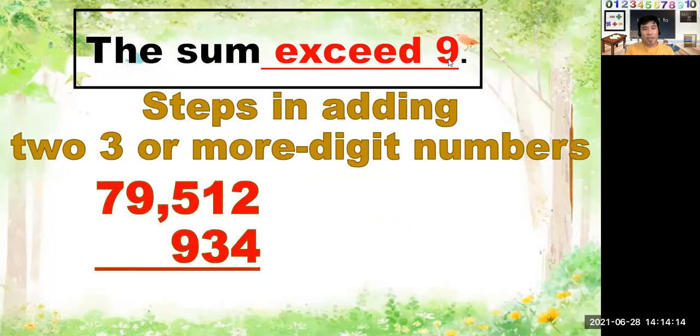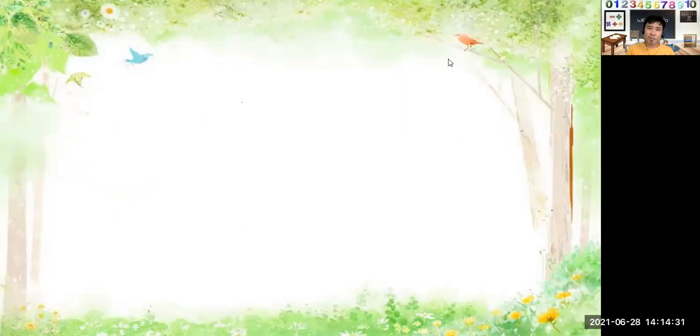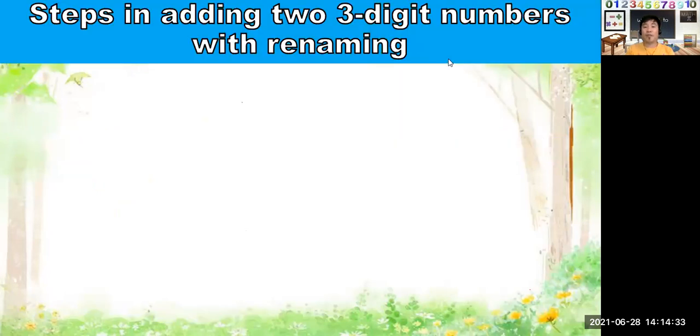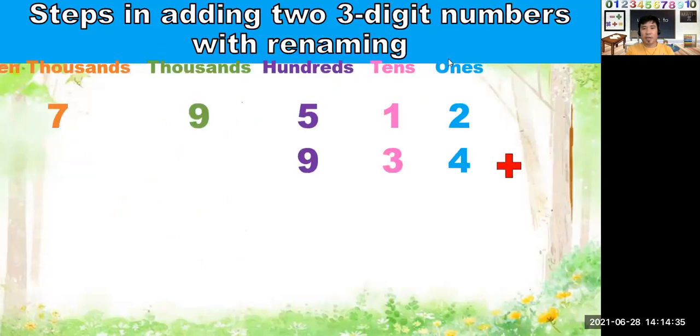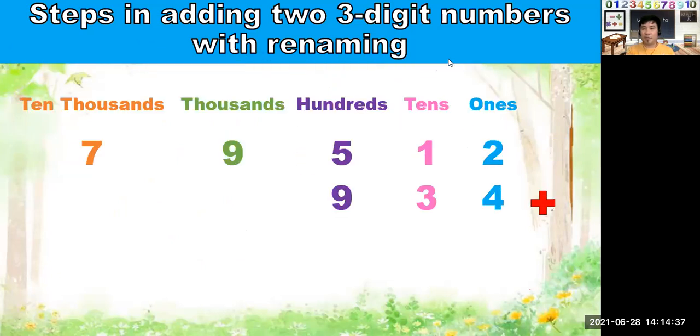Let's say for example, 79,512 plus 934. Here we go. Okay, so we will use the place value table. Here is the place value table.